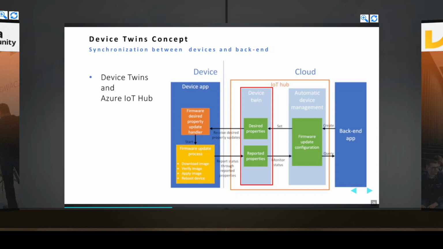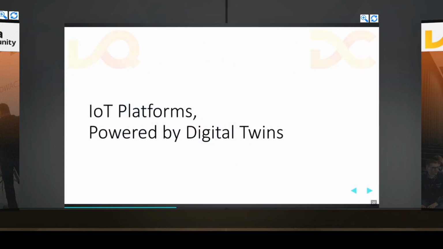So we have absolutely separated devices and a part of the solution which is on-premise and backend services. This increases security and it is much easier to manage solutions using this approach.